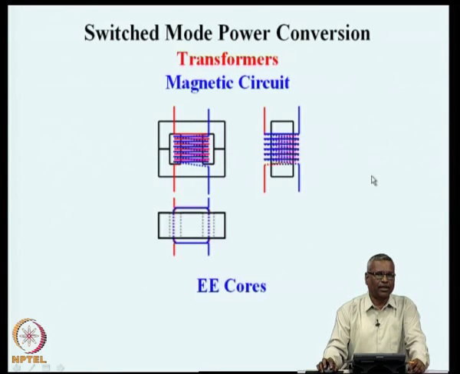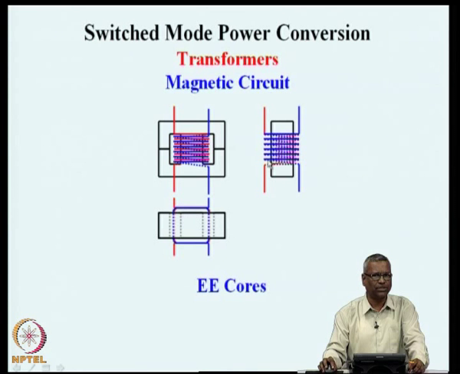Okay. Now, the kind of cores that we had used for inductors, E cores, are also suited for transformers. In this circuit, instead of a ring core, I have an E shape core, two pieces of E shapes. They are put against each other, so that you have a closed magnetic circuit, and in the central limb both the primary winding, the red color winding, and the secondary winding, which is the blue color winding, are wound.